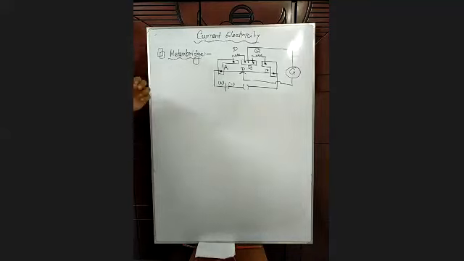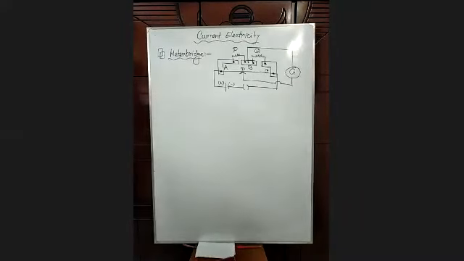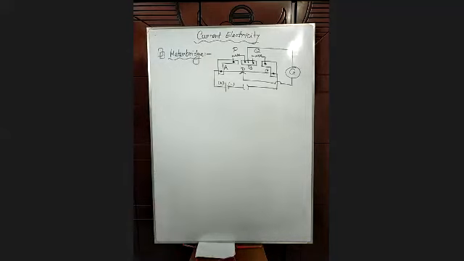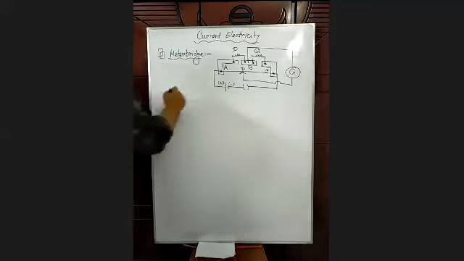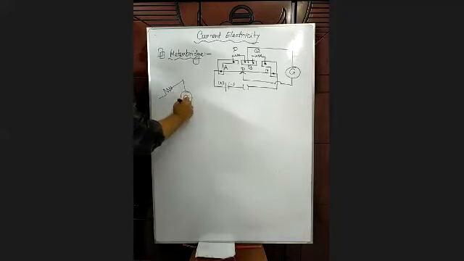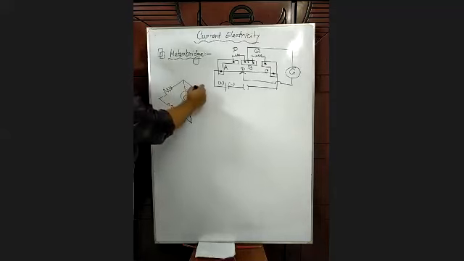Because we know that a Wheatstone bridge consists of 4 resistors. We see here 2 resistors, and how the meter bridge and Wheatstone bridge are the same. So first I will draw a Wheatstone bridge, just like we drew in the previous class.